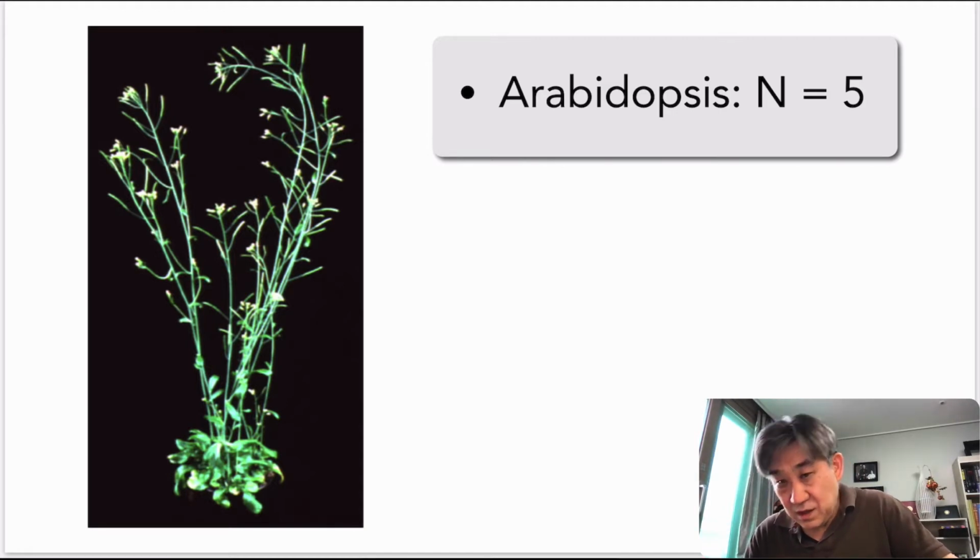But as I mentioned earlier in the previous chapter, many important crops, including kales, cabbages and several other very important vegetables, were actually produced from this weed plant through artificial selection, as we have seen earlier. Anyway, this is one of the major model organisms in plants.